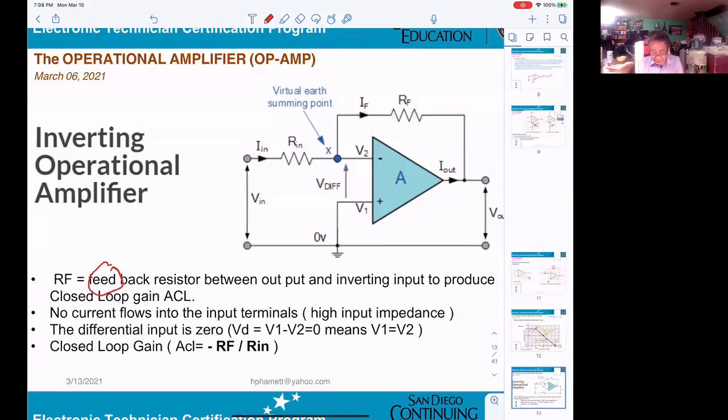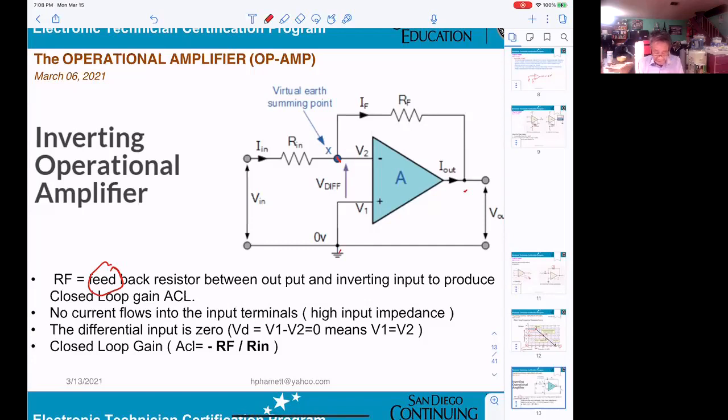Feedback means they connect from the output to the input of the op-amp. That's why it's called a feedback resistor. You get R in, you get V in, and 0 here, grounded. And between V2 and V1, they call it V differential.